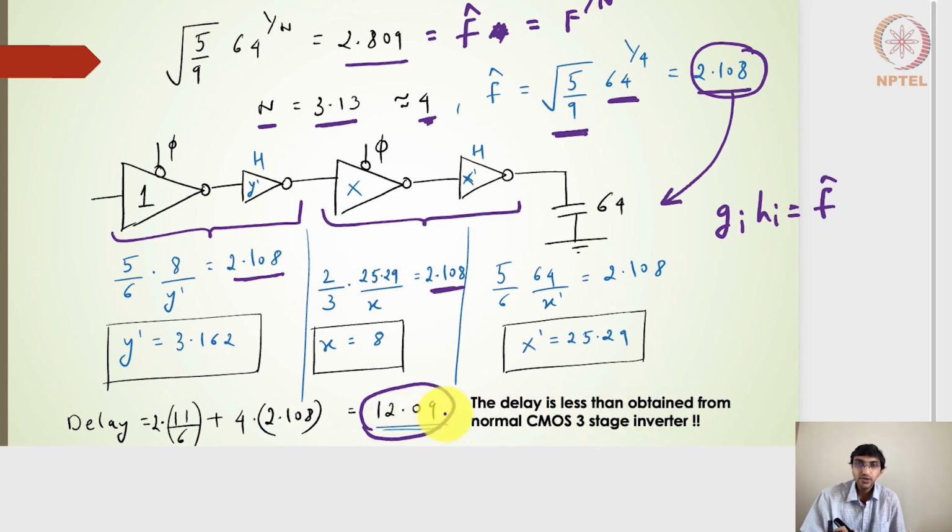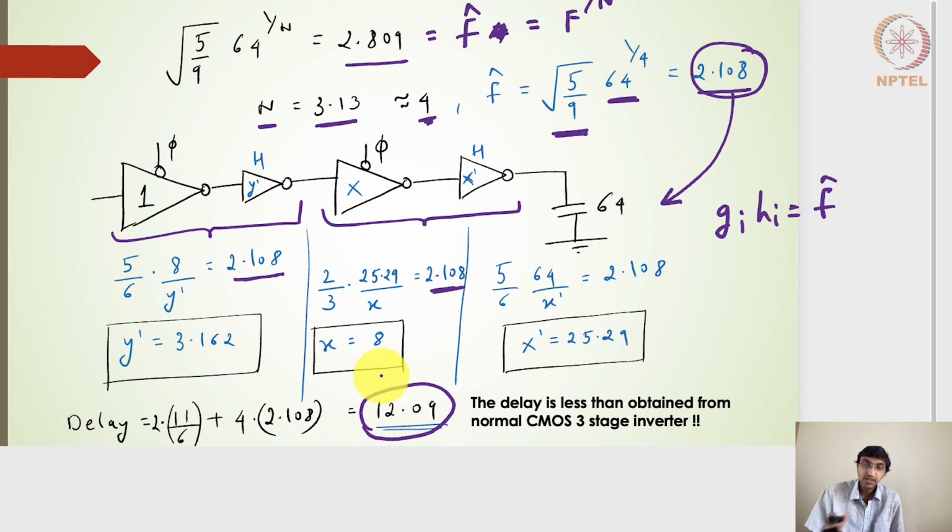And if I closely look into the regular structured inverter, we had the minimum delay as 15. Here the minimum delay turns out to be 12.09. There we obtained the minimum delay of 15 using 3 stages.